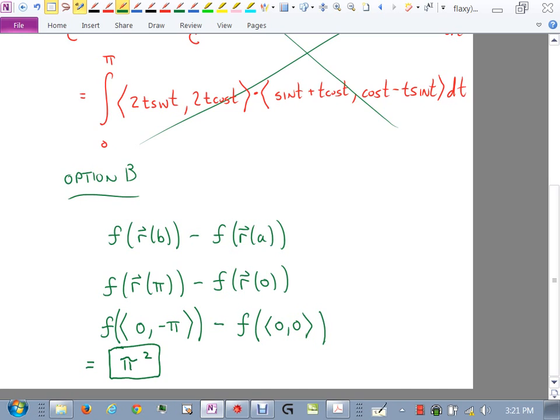What would have happened had we distributed up here? Look at that. That would have taken forever, wouldn't it? Because we would have done this. Look at this first one right here. 2t sine t times sine t will give us 2t sine squared t. And then here we would have 2t squared sine t cosine t. Then we would have added all that. Maybe some stuff would have canceled, but it still would have been a lot of trig stuff to integrate, right? Along with t's stuck in front of them too.